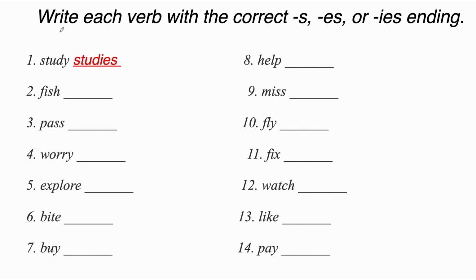Let's move to the next one. Here we go. Write each verb with the correct S, ES or IES ending. Perfect. Here's an example. Study, you just drop Y, you add IES. Good. Fish. Fishes. Good. Pass.